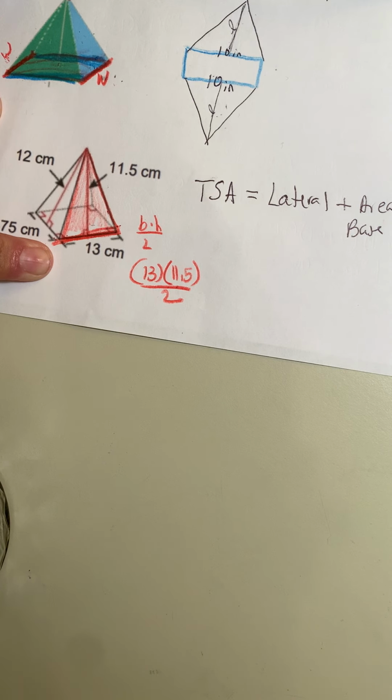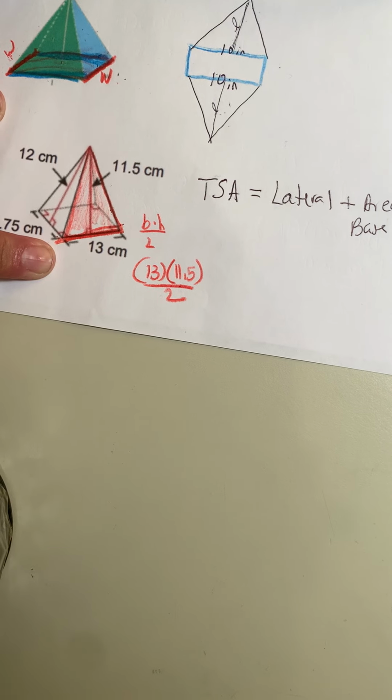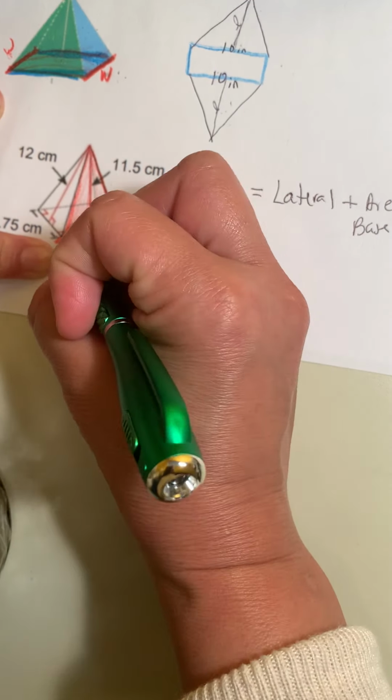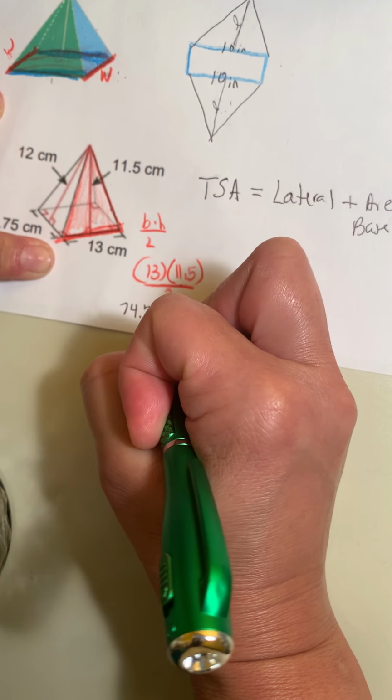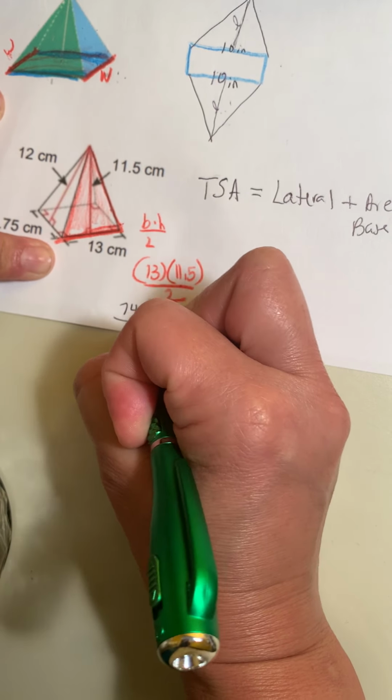Go ahead and figure that out real quick. 11.5 times 13 divided by 2 is 74.75. So the area of this triangle is 74.75 centimeters squared. That's that one.